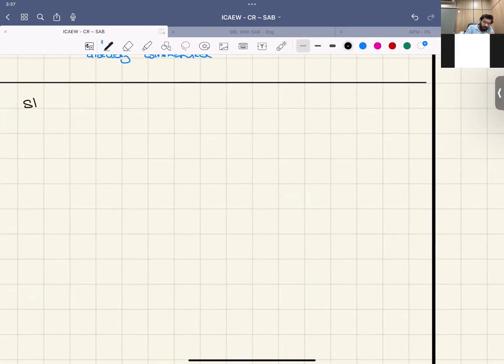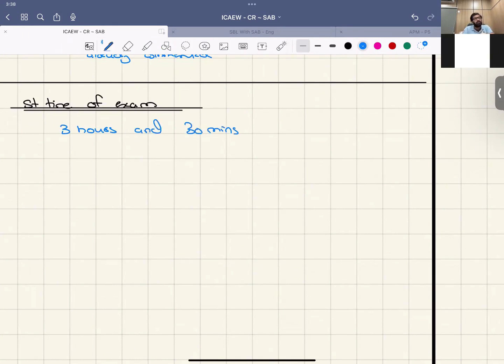Now, the standard time of the exam. It is quite clear and cut that you have to complete this exam in 3 hours and 30 minutes. It could be an on-site exam as well as a remote exam.